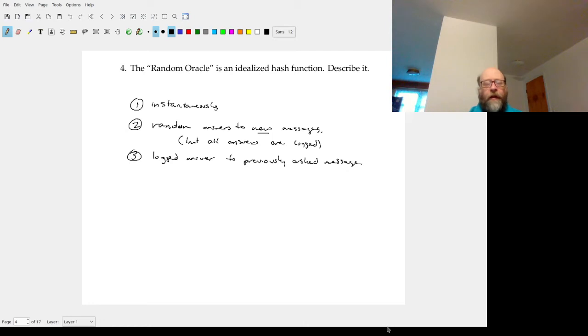I couldn't create a collision by studying the process because the process was random. But it does have to be a function, which means when I ask the same input again, I can't get two different outputs. And so it has to give me the logged answer if I've asked a question before. Okay.